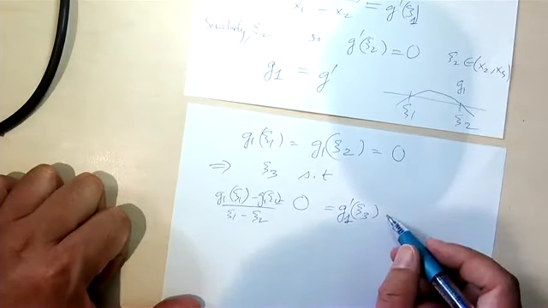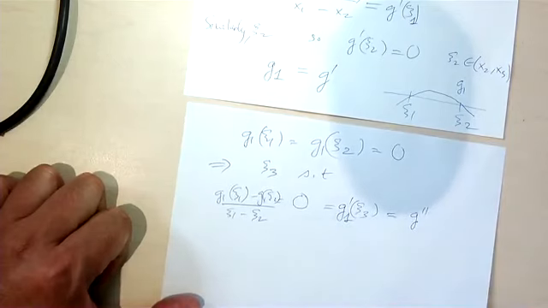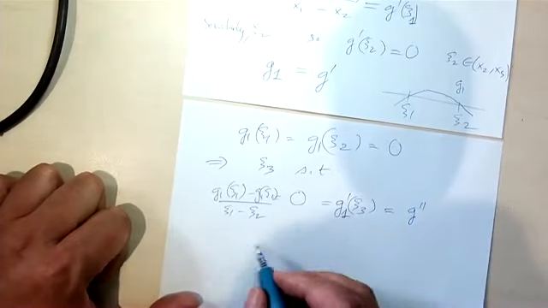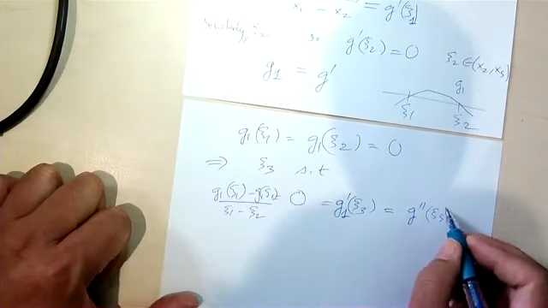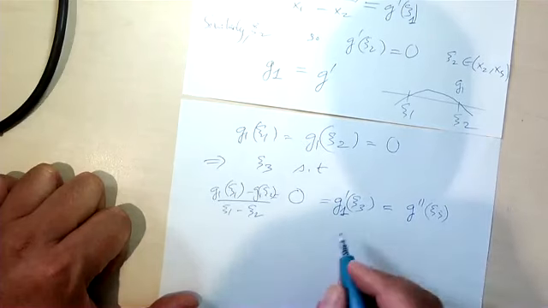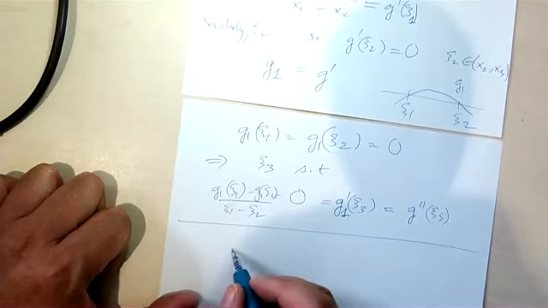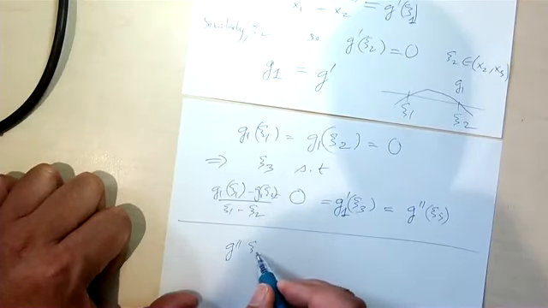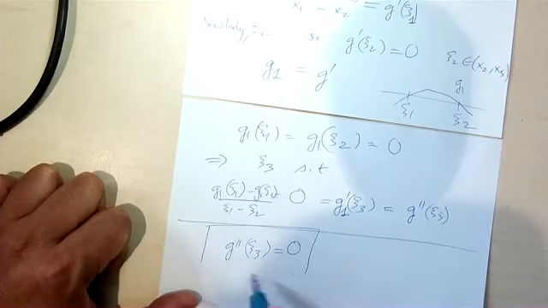So what is g1 prime? g1 prime is just g double prime. So g prime at psi 3 equals 0, so g double prime at psi 3 equals 0. I just pay attention to the last one.